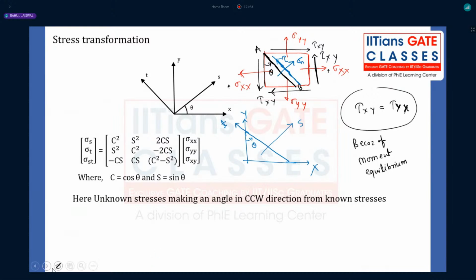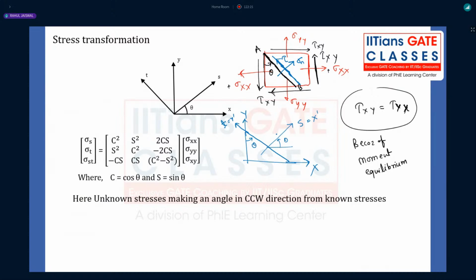Or you can also say X will be converted to X dash, and Y will be converted to Y dash, because all the axes will be tilted by the same amount, theta, in the anti-clockwise direction. Whether these things are clear or not, tell me.